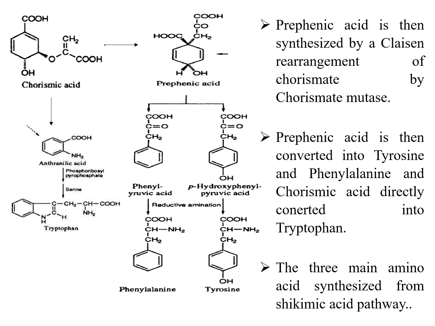In the shikimic acid pathway, the precursors are phosphoenol pyruvic acid and erythrose 4-phosphate. The intermediate is shikimic acid. After that intermediate comes the end product. So through the shikimic acid pathway, the end products are the three main amino acids: tryptophan, phenylalanine and tyrosine.